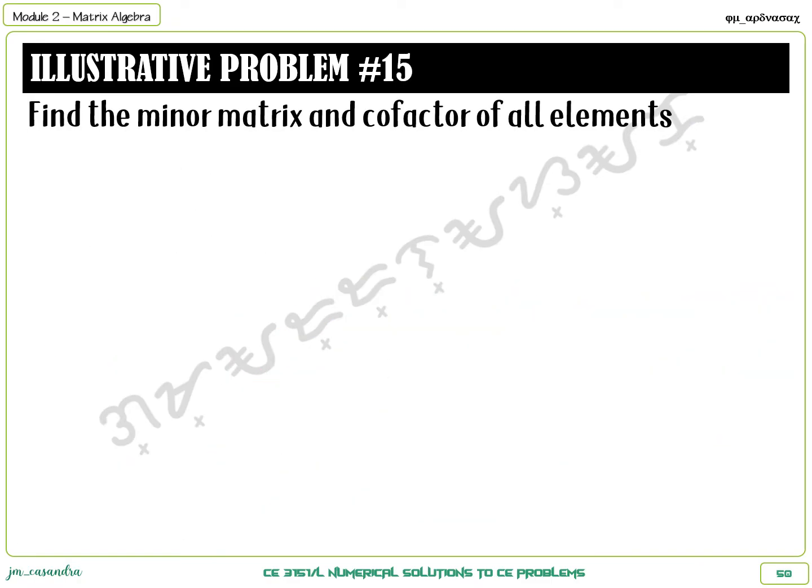Determine the minor matrices and the cofactor for all of the elements for a 4 by 4 matrix J. So same principle as for a 3 by 3 matrix. So for the first element, we have 1, 1. So we remove first the column and the row.